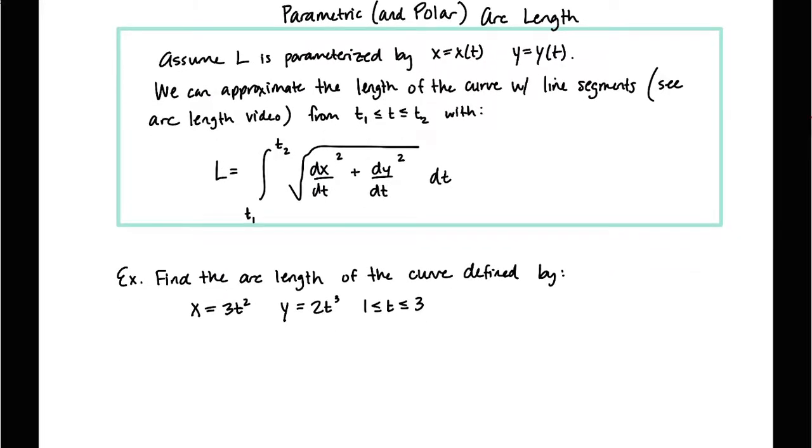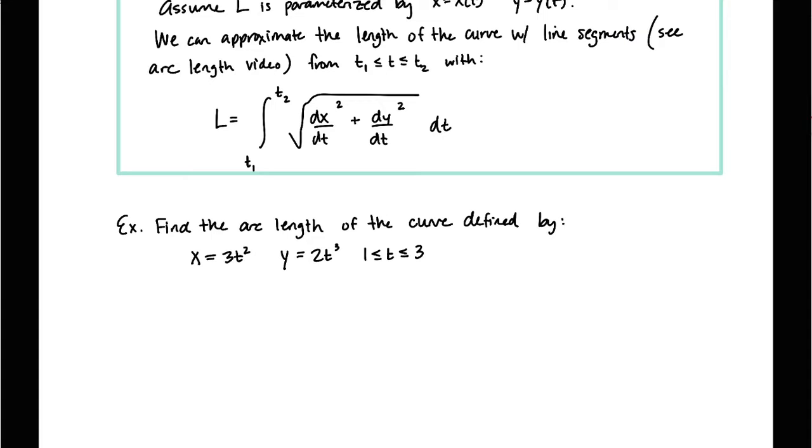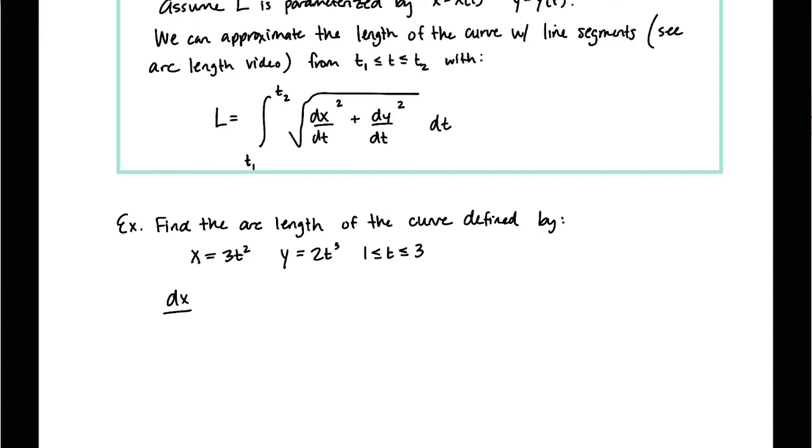So using this formula, we'll just do a couple small examples of arc length because it's pretty straightforward once you've got the handle of plugging into the formula. For this first example, we're trying to find the arc length of the curve defined by x equals 3t squared, y equals 2t cubed from 1 to 3.